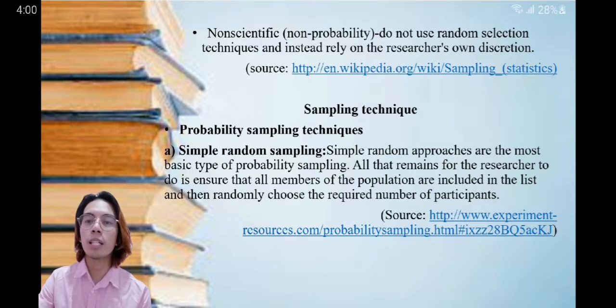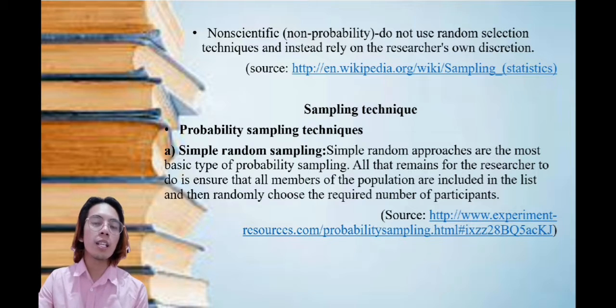Then probability sampling technique. A simple random sampling. Simple random approaches are the most basic type of probability sampling. All that remains for the researcher to do is ensure that all members of the population are included in the list and then randomly select the required number of participants.